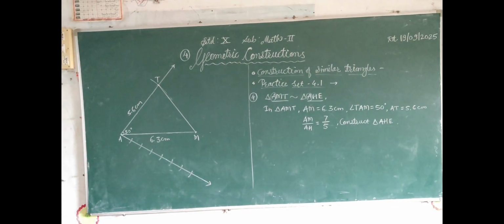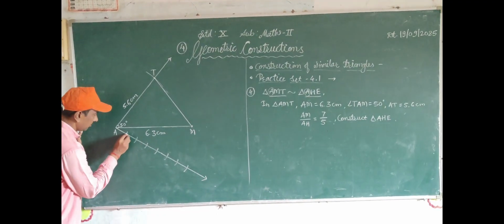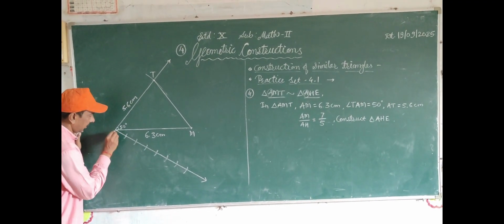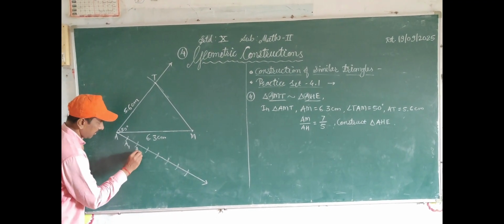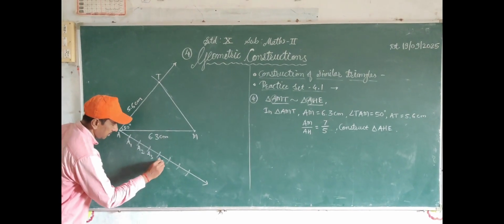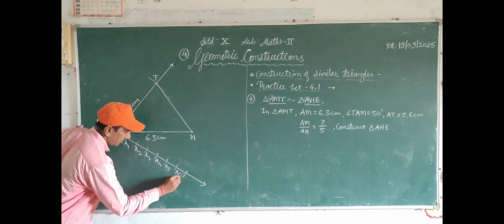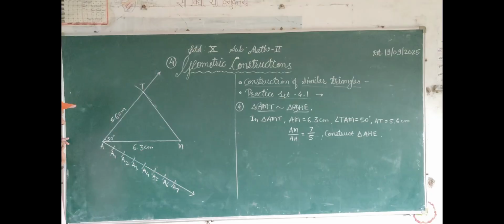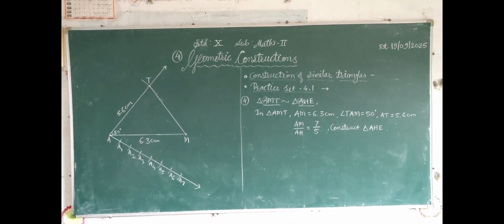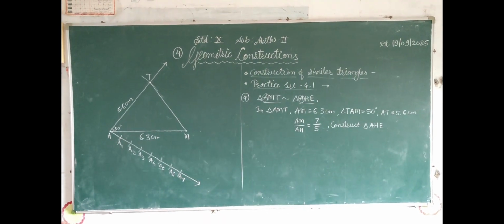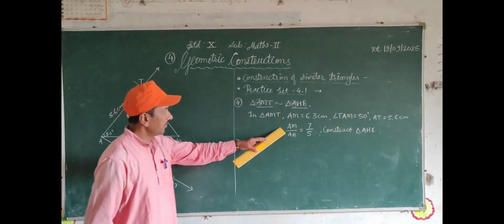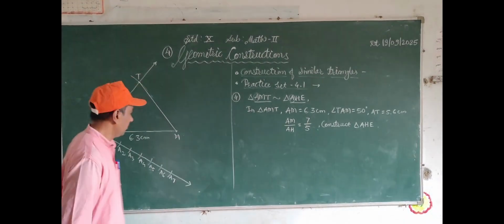There are 7 parts. Give them names. This is point A. This is A1, A2, A3, A4, A5, A6 and A7. AM is divided in 7 equal parts. Now AM upon AH is 7 upon 5.